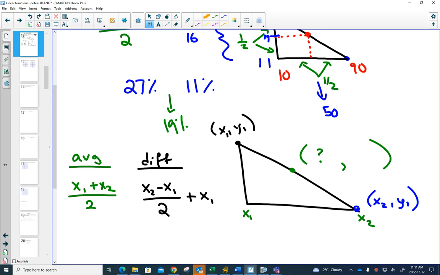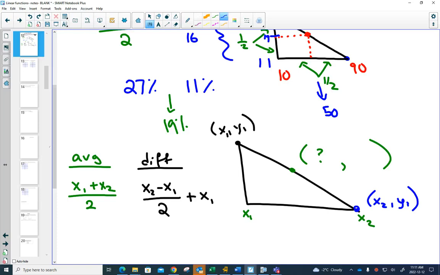And yet on your formula sheet, you have a formula for midpoint. So mathematicians chose one of those ideas to write their formula. Which one do you like better? The average one. Do they both make sense, though? We did them with numbers. They should both make sense. But isn't the average one a little bit nicer formula?